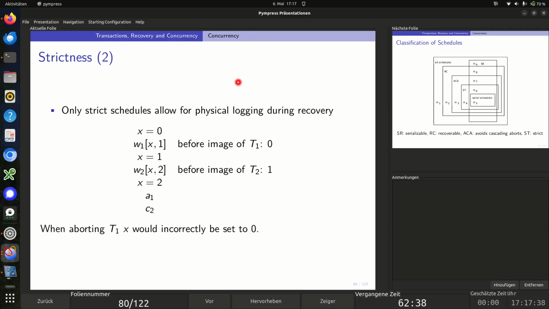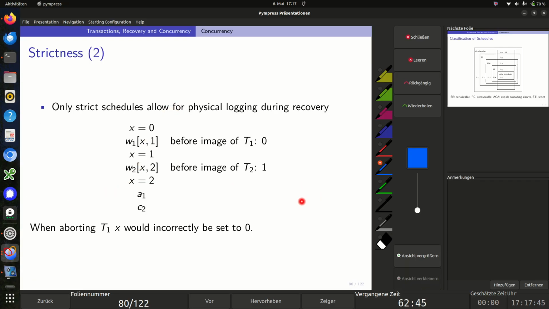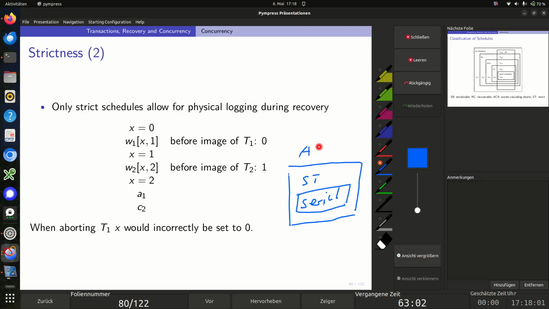We have the serial transactions, then the strict transactions, then the transactions that are avoiding cascading aborts, and recoverable.